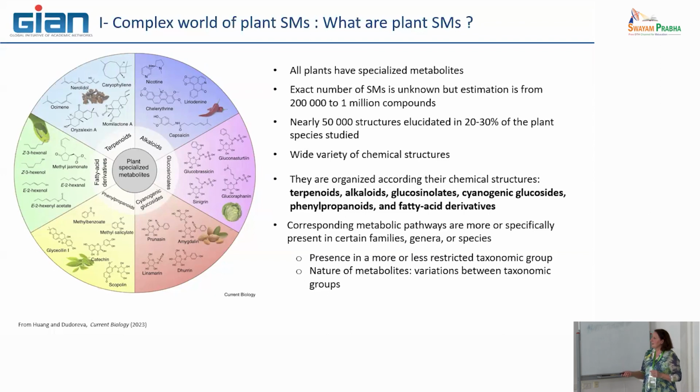The last point is important. All plants are able to produce terpenes, alkaloids, and phenolic compounds, but not the same ones. What is interesting is that sometimes specific phenolic compounds, for example, depend on specific families.